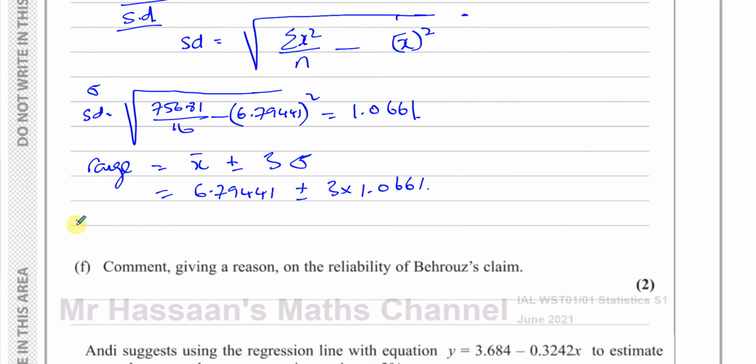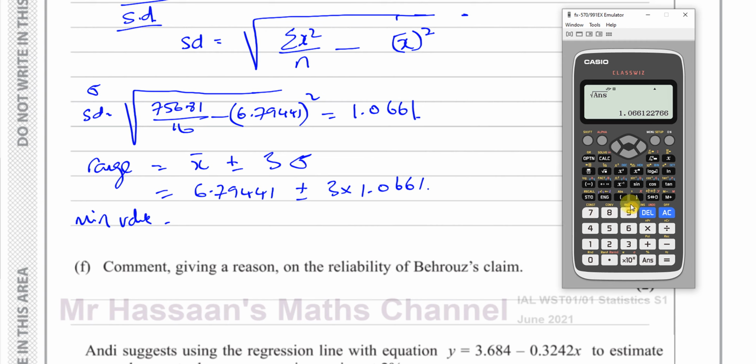The minimum value is going to be when you subtract. So you have 6.79441 minus 3 times 1.0661.